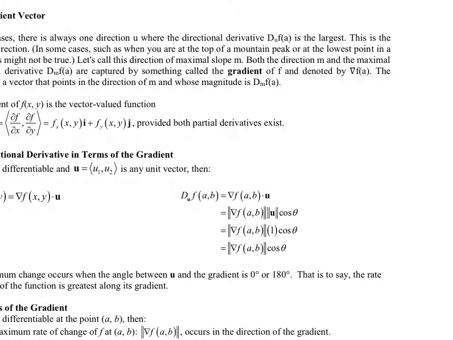So the slope should be the greatest in order to have the most movement. But it's not always going to be true for all cases. If the surface is not constant, then you can't assume that the rate of change is going to be the same for the whole trip. So maybe you take one step, and then you have to do a course correction. Then you take another step, and you have to do another course correction.